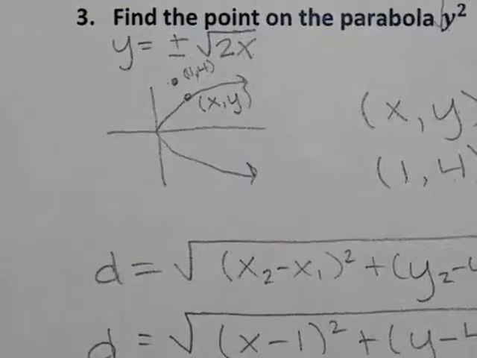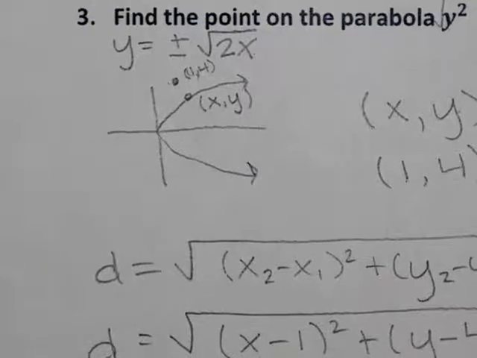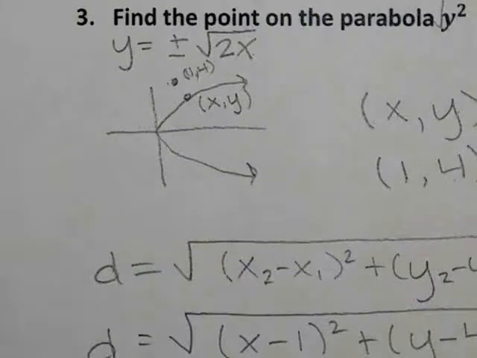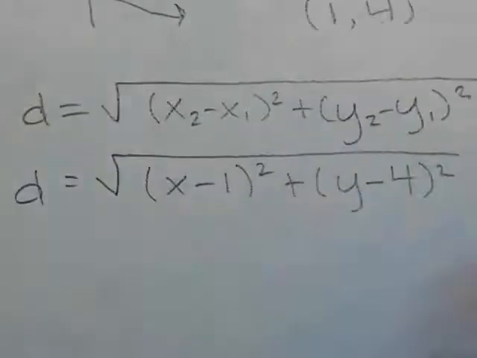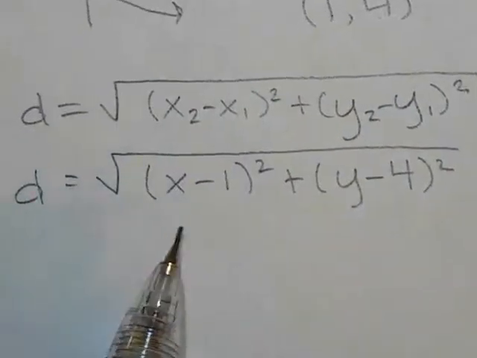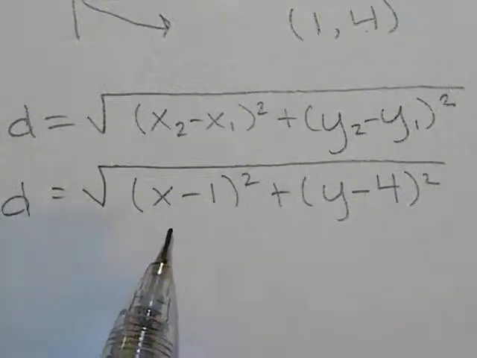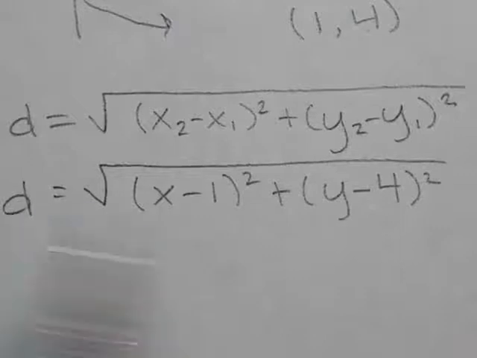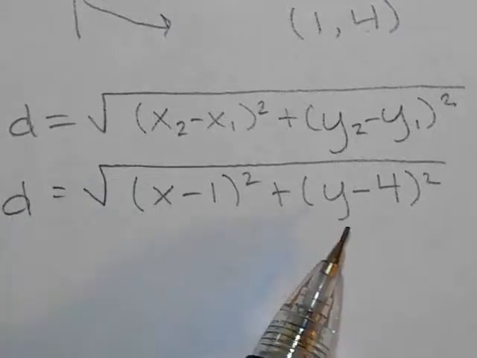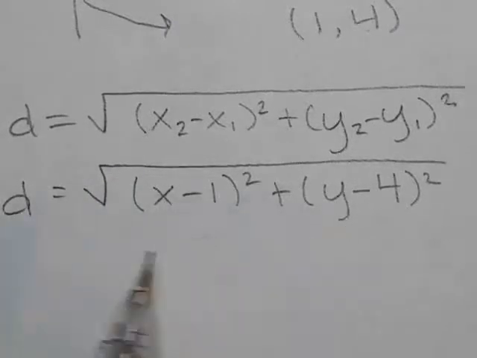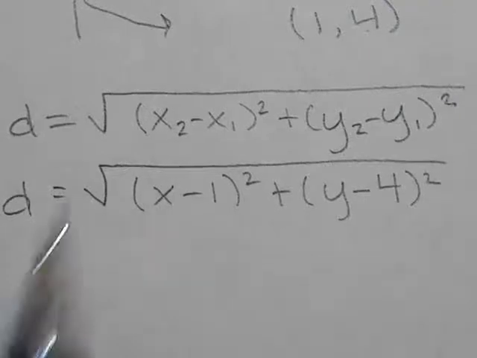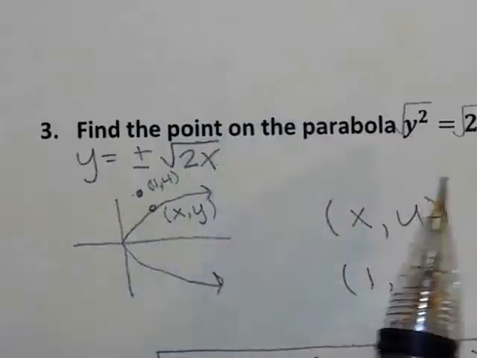So if I'm working with this problem, then what I want to do next is I want to try to deal with 1 variable instead of 2. So right now I have distance in terms of x and y. Does that make sense? And I only want to either have distance in terms of x or distance in terms of y. Okay, you can do the problem either way. So if we go back to the original problem, we can take this y, which would be kind of difficult because of the plus minus. Does that make sense?